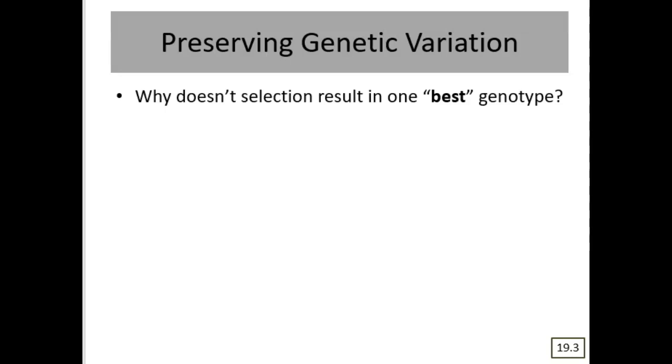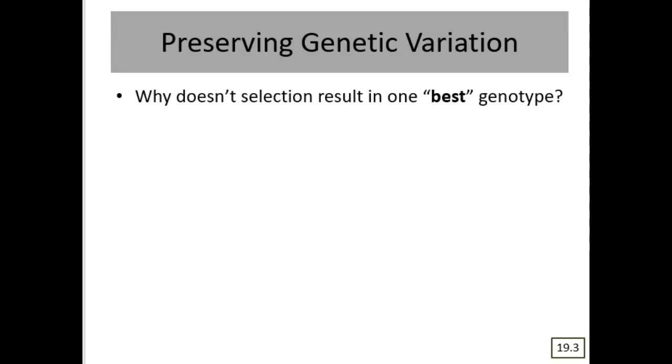Why don't we have selection that results in identical carbon copies of the individuals that do the best? Why do we still have variation in a population, even though we know that that one genotype, for example, may be the one that the females prefer, or the one that survives the best? Why do we still have variation?